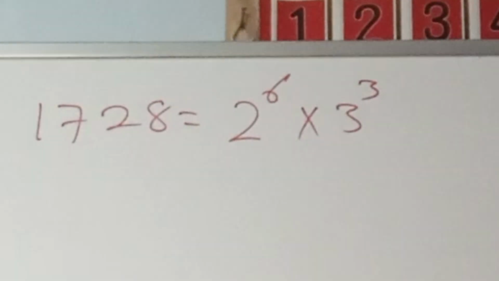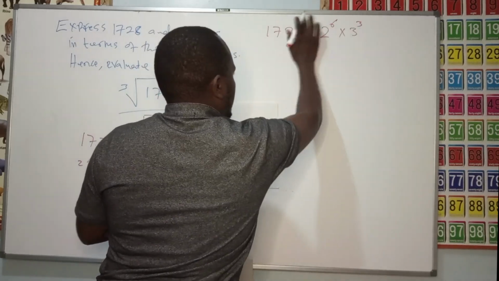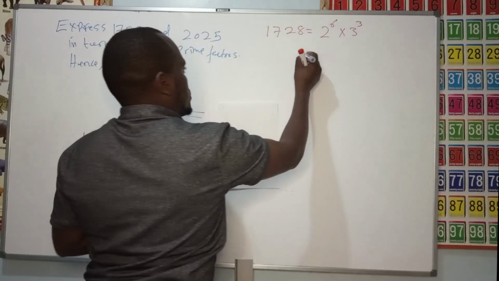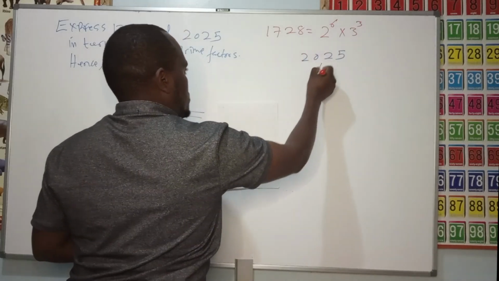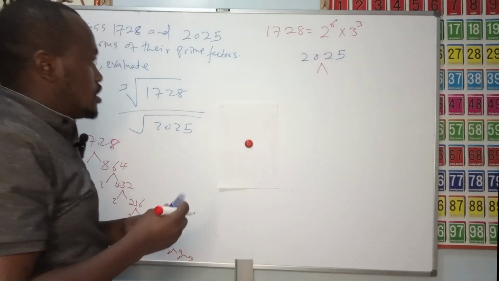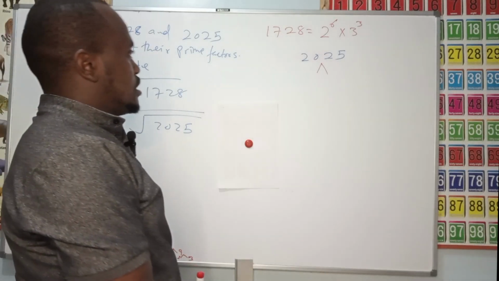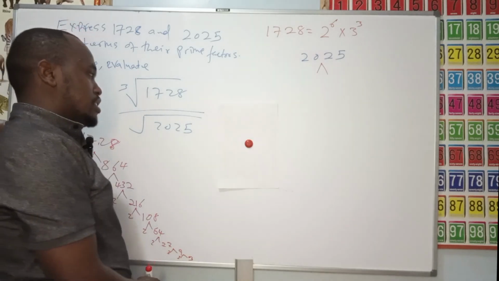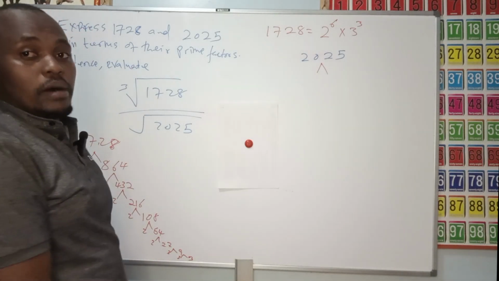Now, what about 2025? 2025 in terms of its prime factors. Do you have a 2? No, 2025 is not divisible by 2. But is it divisible by 3?